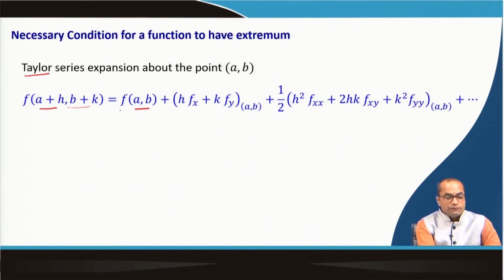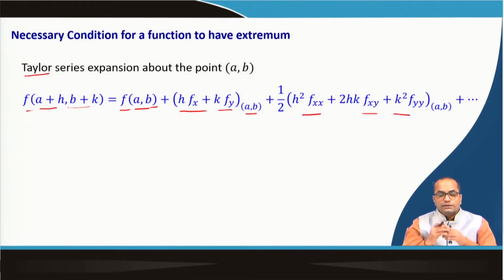We have already seen the Taylor series in the previous lecture. So, this can be written as f(a, b) plus the first order terms, h f_x plus k f_y at the point (a, b), and then we have these higher order terms where we have h squared f_xx, 2hk the mixed order derivative, plus k squared f_yy, and so on, more terms will come.